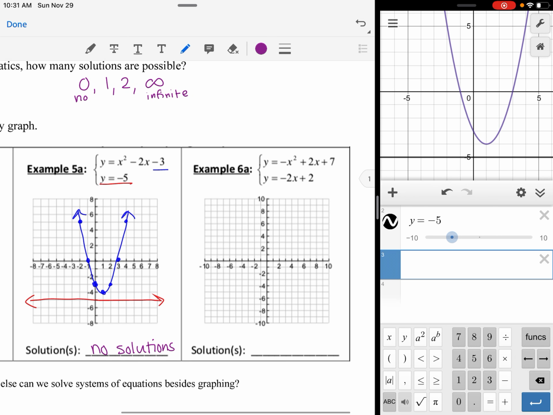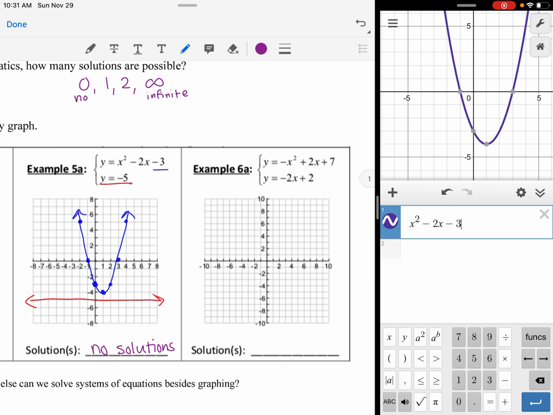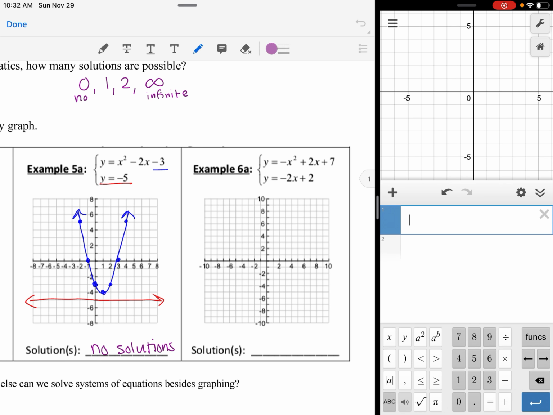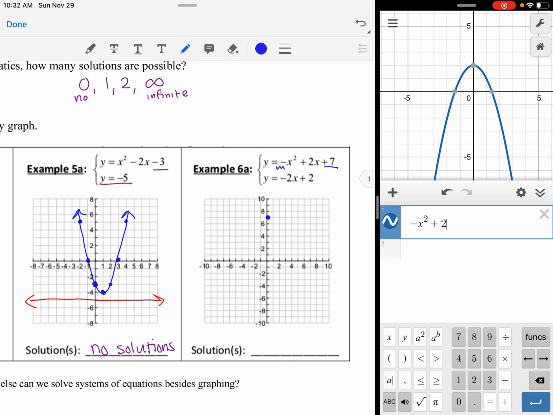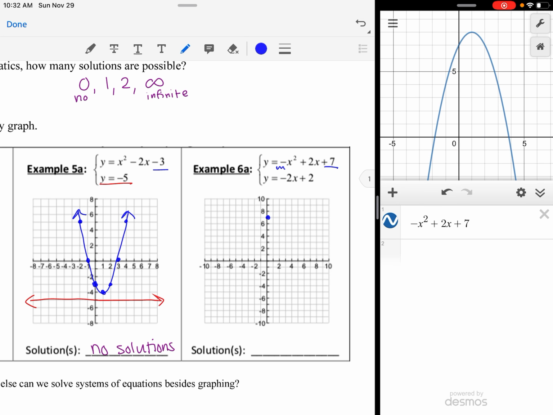Okay, last but not least, we got another one in standard form. This one you probably recognize two things, actually. It is in standard form, so the y-intercept is 7. But this time, since there's this negative up front, it should go down. So negative x squared plus 2x plus 7. Okay, we got a vertex at 1, 8.